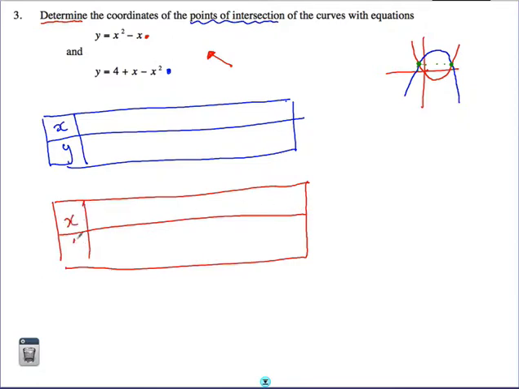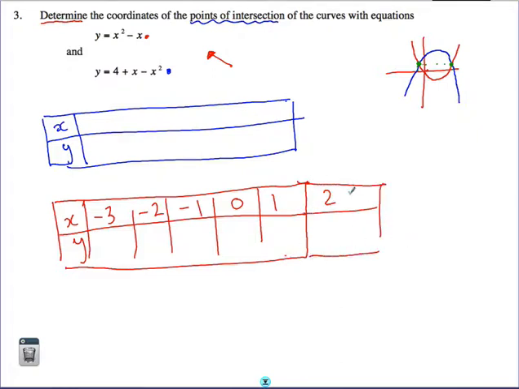So x, y, this is for the red equation, y equals x squared minus x. Draw yourself tables, put in some values: minus 3, minus 2, minus 1, 0, 1, 2, and 3. Then work out the value of y.